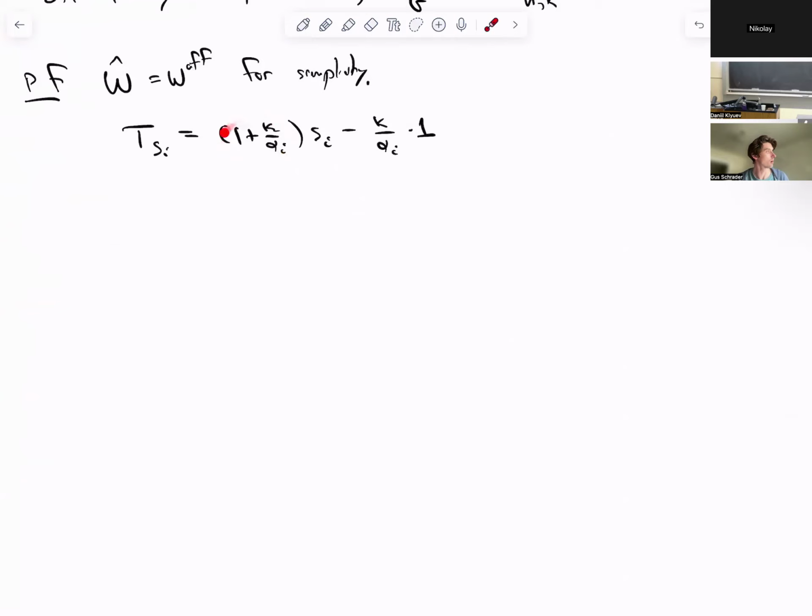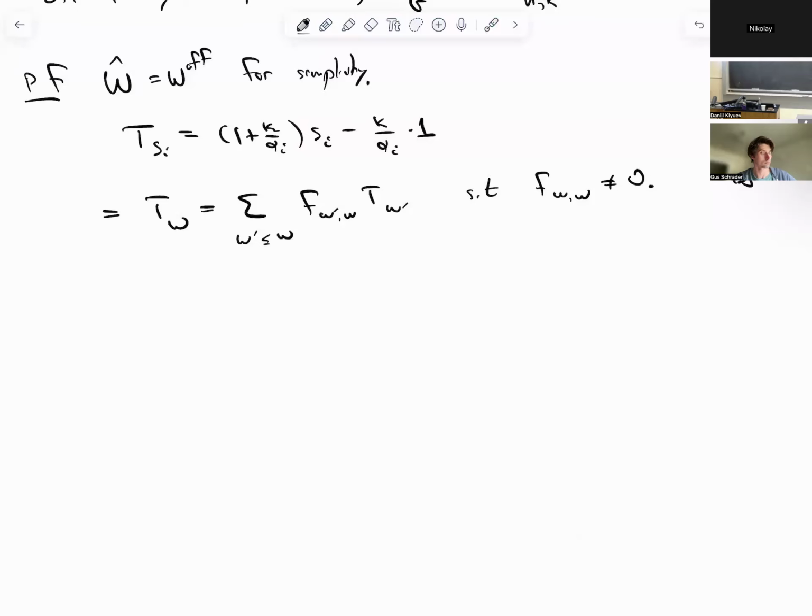Notice this coefficient is never zero. That's the only thing we use. So then T_W is just going to be like a lower triangular invertible matrix. There is W prime such that F_{W W'} is non-zero. And that's the proof.